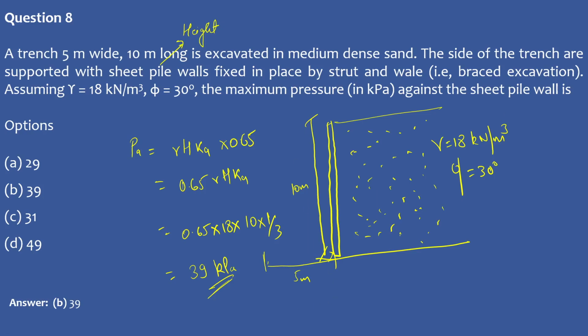So okay, then we'll go with their formula which is 0.65 gamma H K. This is the recommended pressure suggested by one of the authors, Peck, which is also mentioned there. So we need to go with that.